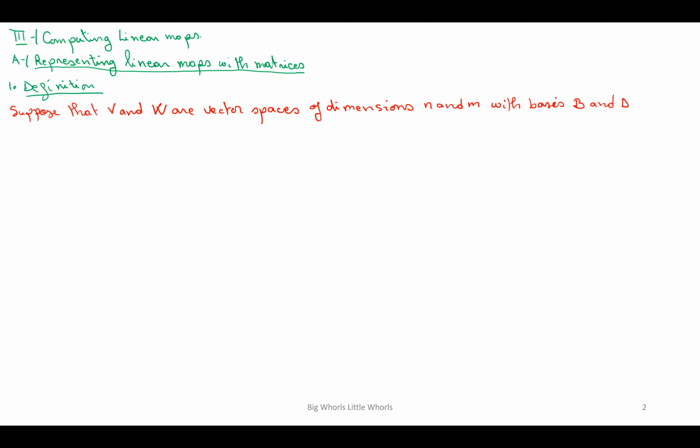So B is the basis for V and D is the basis for W.